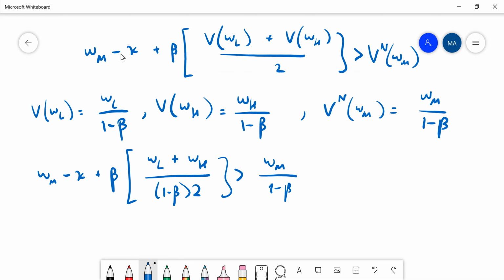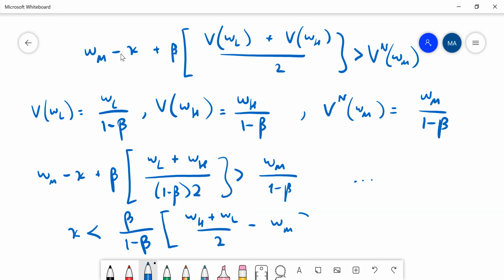So what does this tell you? Well, it tells you that at the end, if you do the math, I'm not going to do that, it will tell you that kappa will be less than this. So this part is the expected wage. So this is expected new wage.